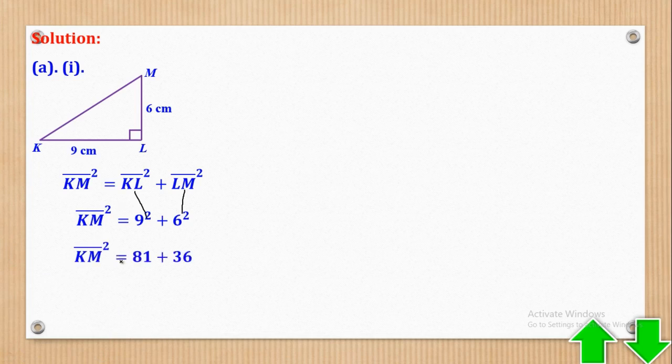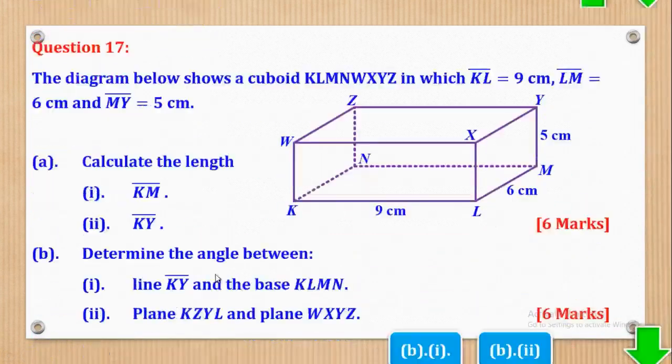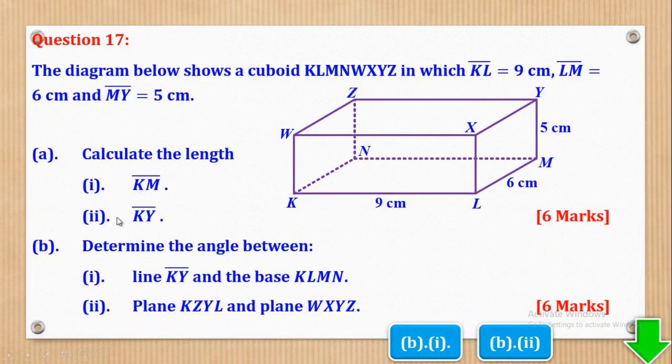That means that KM squared is equal to 81. So 9 squared is 81, 6 squared is 36. And KM squared, when I add these two, I'll come up with 117. Put square root on both sides, I'll come up with KM being equal to 10.82. So here in O level we use two decimal places. So that was Roman 1 KM. Now they want KY.